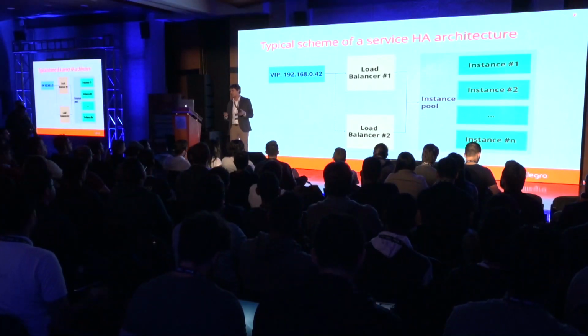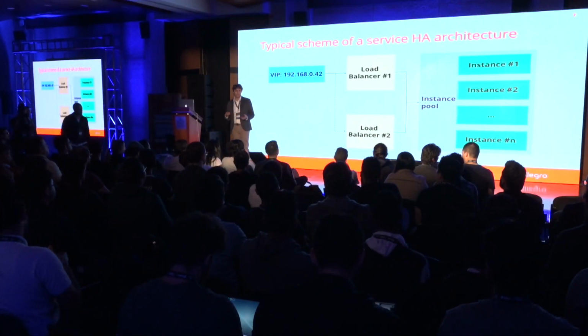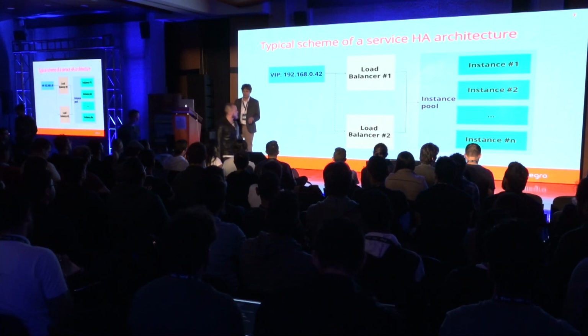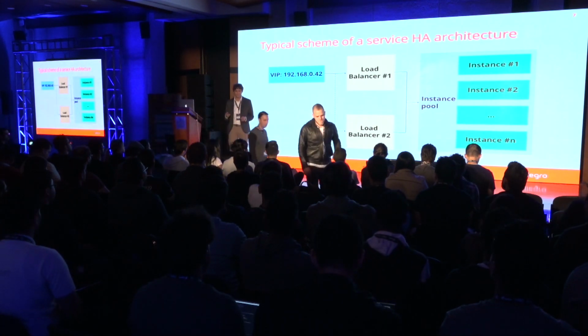When we build all those services, we think about how we are going to put them into HA workloads. We are thinking about something like this. There's usually some sort of load balancer or several load balancers with some failover strategy. They are covered by a VIP, and the VIP allows us to actually enable that failover strategy.